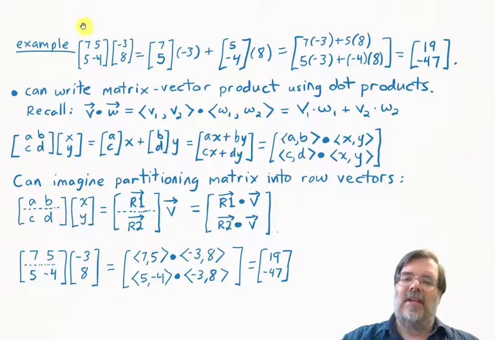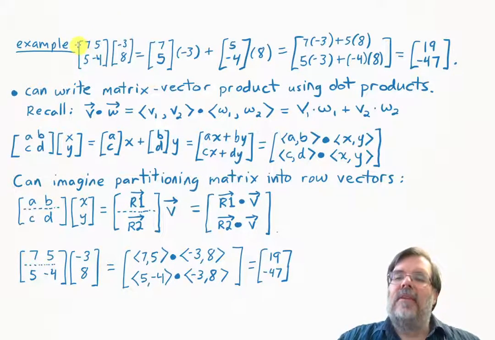Let's do another example. Let's say you have the matrix 7, 5, 5, negative 4, and you want to multiply that by the vector negative 3, 8. Once again, you can think of it as a linear combination here, right? The first column times negative 3 plus the second matrix column times 8.